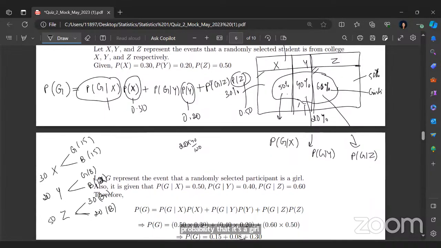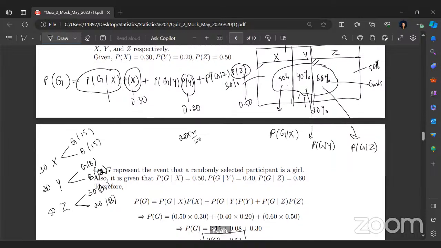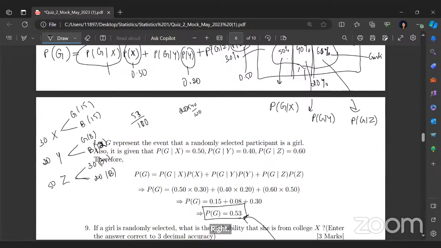Ma'am, sum of all the girls divided by total students. So it is 30, 45, 53 divided by 100. Yes, ma'am. So this is right. Again, this is what we got.